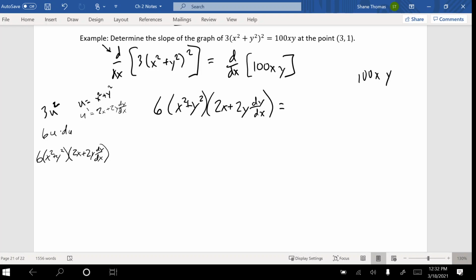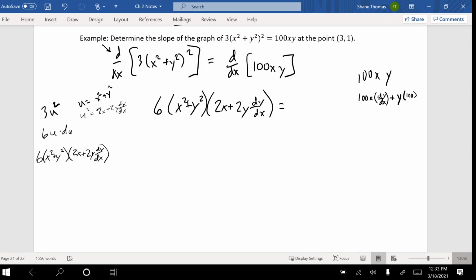So we're looking at 1, which is 100x, d2. The derivative of y is going to be 1 dy/dx. Plus 2, which is y, d1, which is going to be what? 100.